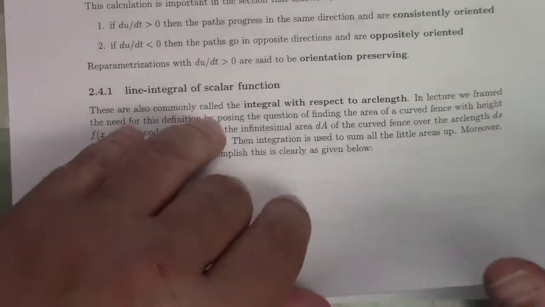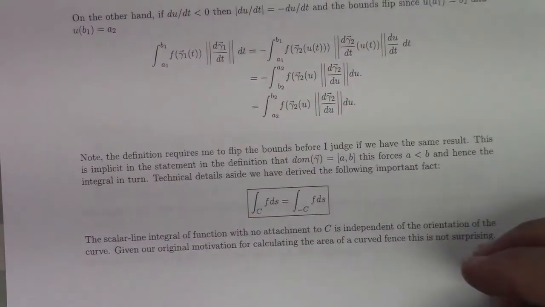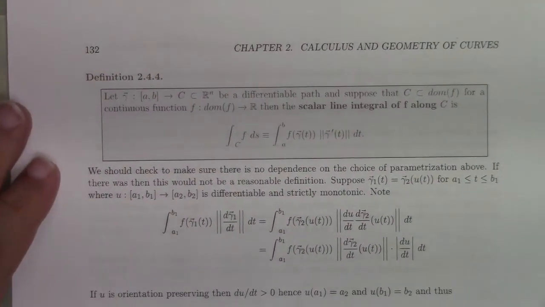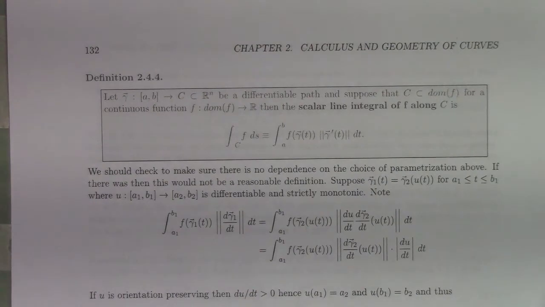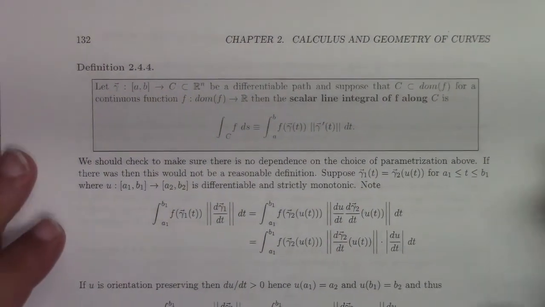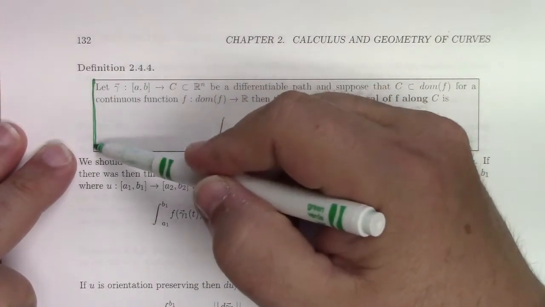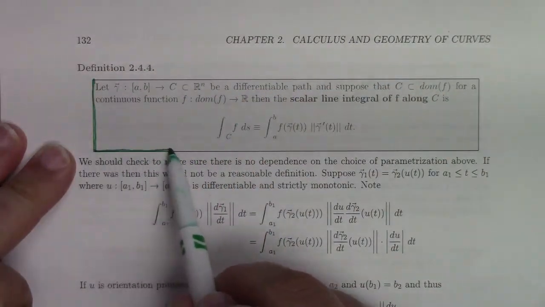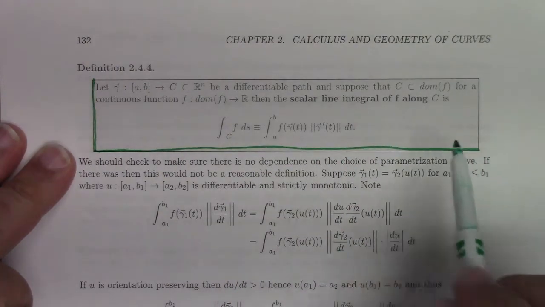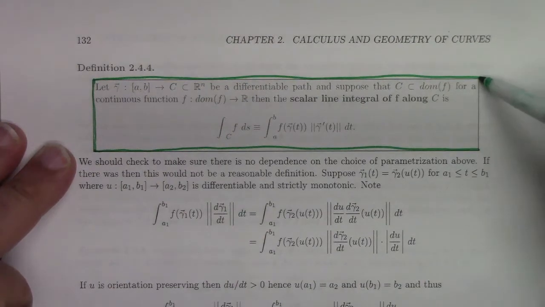Let's see here. So I think the definition I have carefully stated. Next, here it is. Yep. So there's my definition of the scalar line integral of f along a curve. To integrate, what we do is we pick any parameterization of the curve in question that you like.